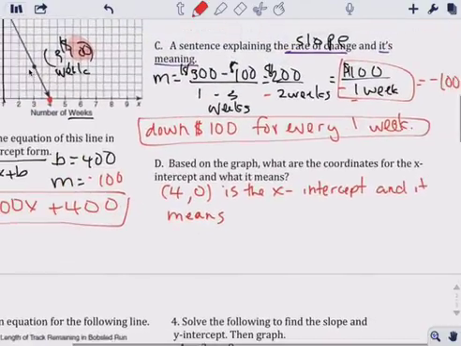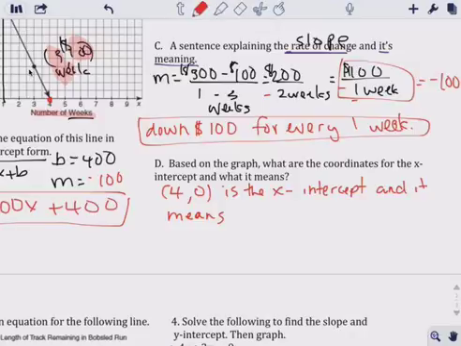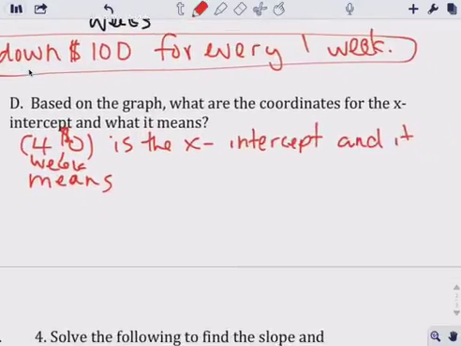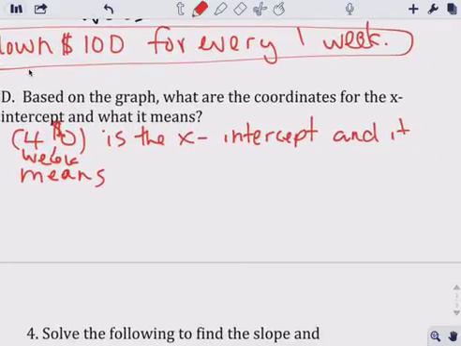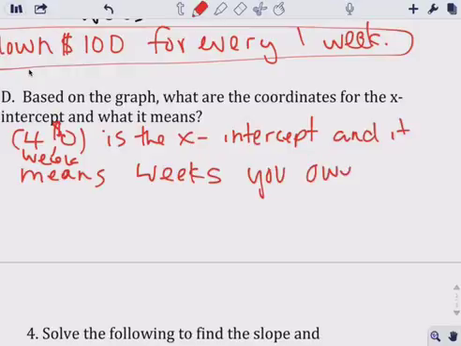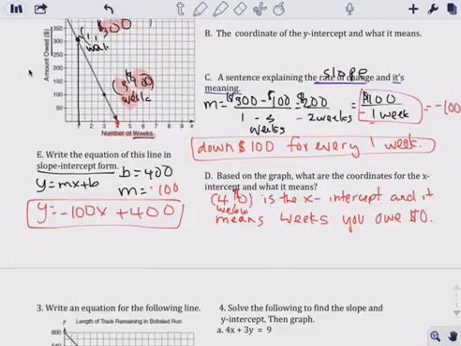The 4, the first number, represents weeks. The x means weeks. So 4 is weeks. The 0 is dollars. So the x-intercept means at 4 weeks, you owe $0, because this is the amount owed.